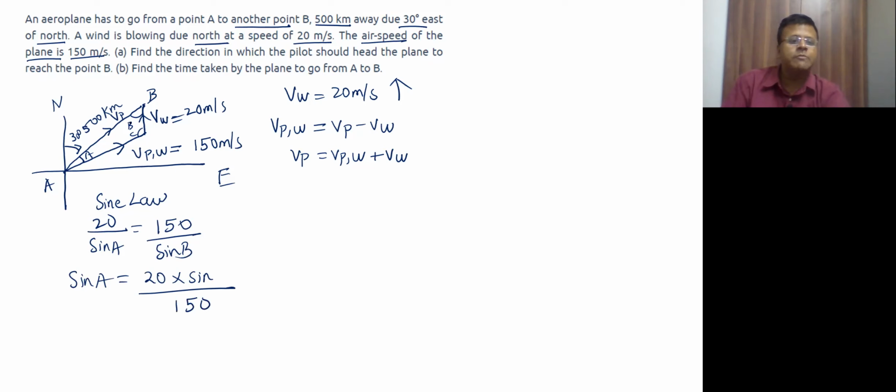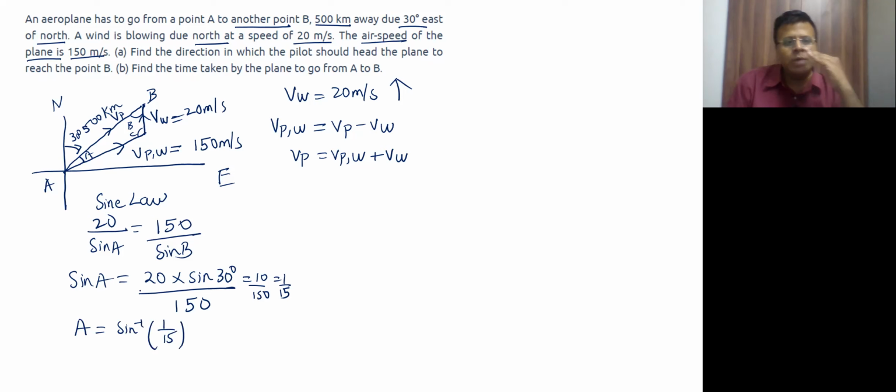Now, how much is sine of B? You can see that this angle 30 is going to be same as this angle because these two are parallel lines. So sine 30. So that is going to be 10 divided by 150 or 1 divided by 15. So angle A is going to be sine inverse of 1 by 15.